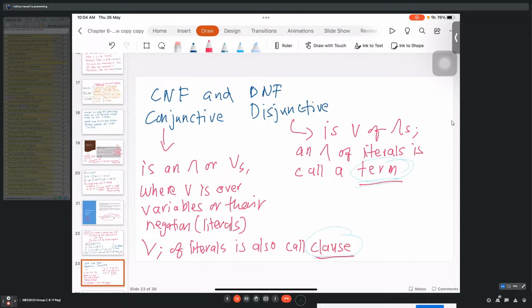A logic formula is in conjunctive normal form if it is a single conjunction of disjunctions of possibly negated literals, where the or is over variables or their negations, literals. These are also called clauses. For disjunctive normal form, it is an or of ands, and an and of literals is called a term.